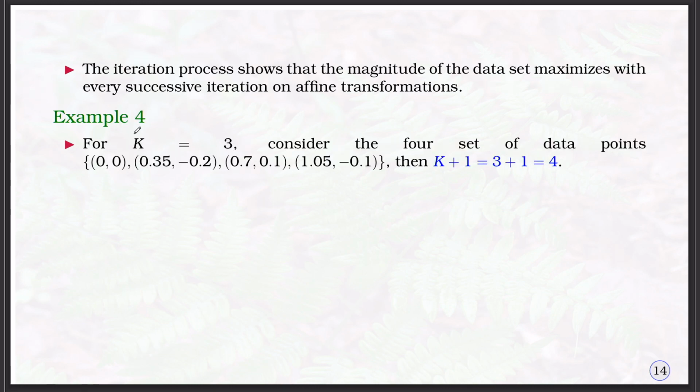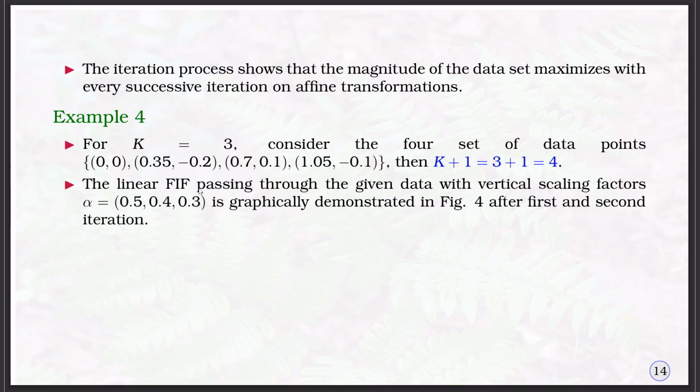Now, we can take k equal to 3. That means k plus 1 data points are given to us. That means 1, 2, 3, 4 data points are given here. Then after the first iteration, the linear fractal interpolation function is generated.